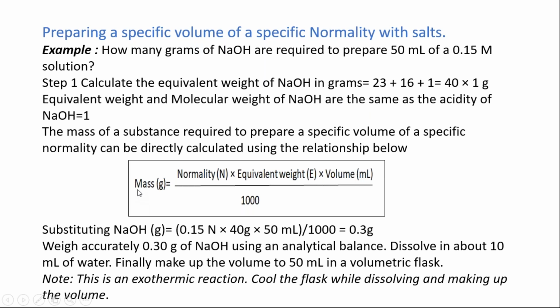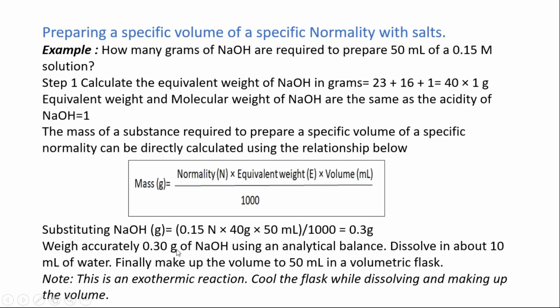The mass required is equal to the normality into the equivalent weight into the volume divided by 1000. Very familiar, isn't it? Exactly like that for molarity. There, instead of normality, we had molarity, and instead of equivalent weight, we had molecular weight. So substituting this, what you get is 0.3 grams.